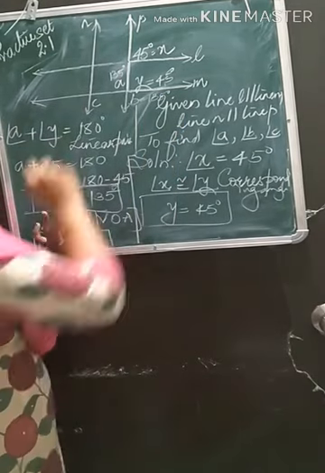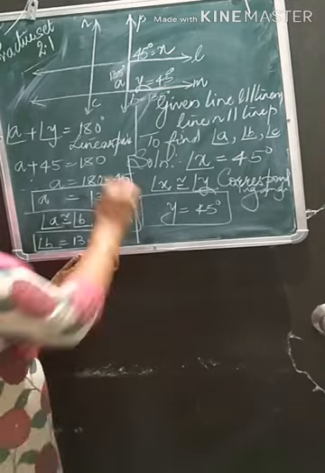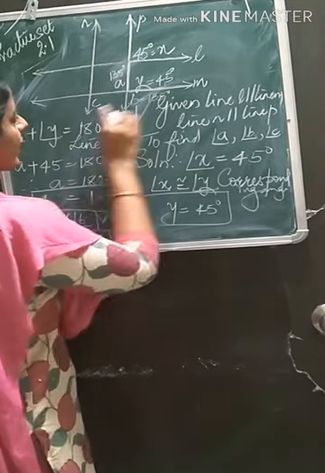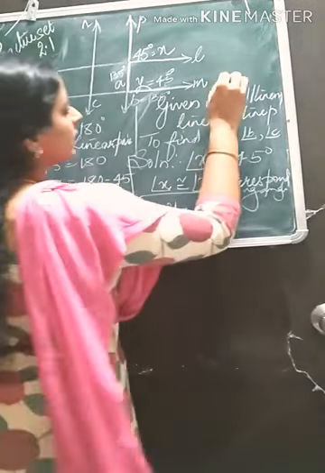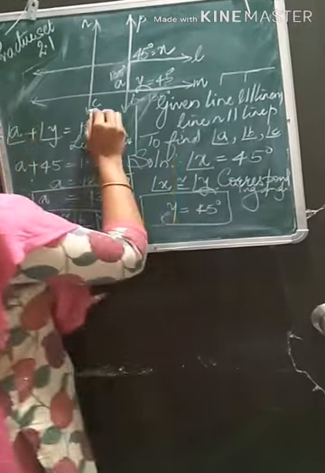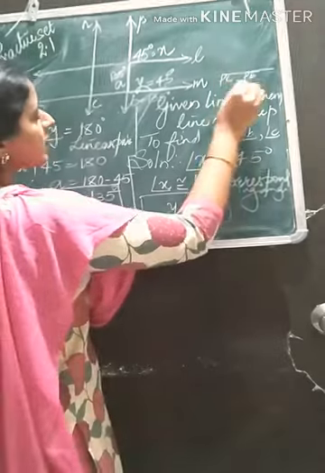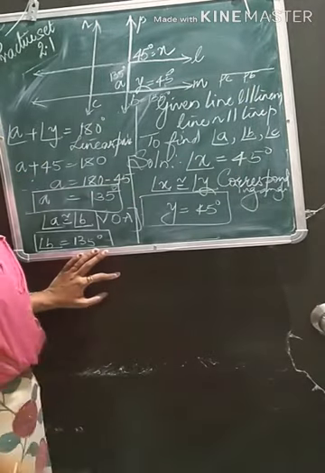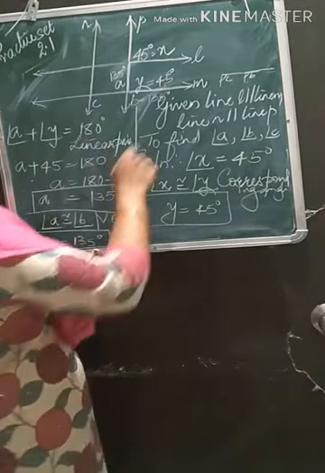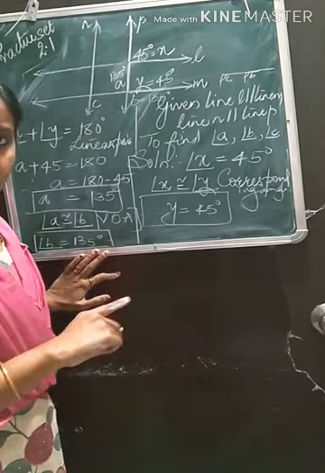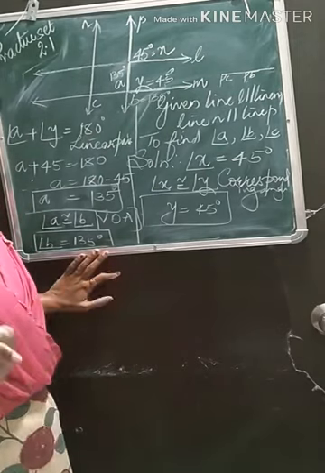Now how will you find out C? Last C. Just have a look at angle C and angle B. They both are this way. This is angle C and this is angle B. And these two lines are parallel. N and P are also parallel. So we can take these two corresponding angles. Can you write the steps on your own? Last part. What will you write?